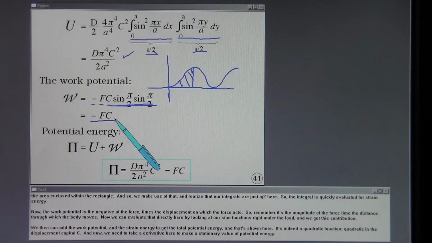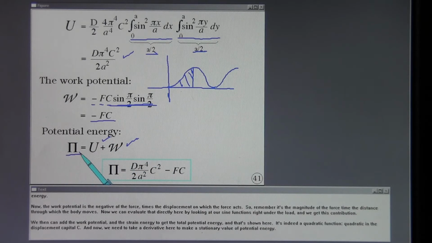We then can add the work potential and the strain energy to get the total potential energy, and that's shown here. It's indeed a quadratic function, quadratic in the displacement capital C, and now we need to take a derivative here to make a stationary value of potential energy.